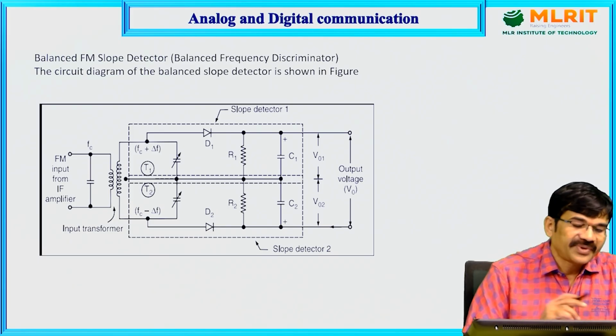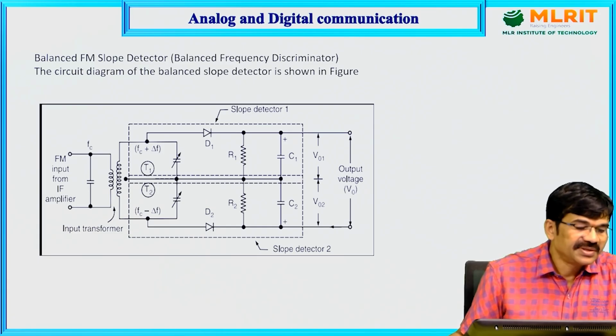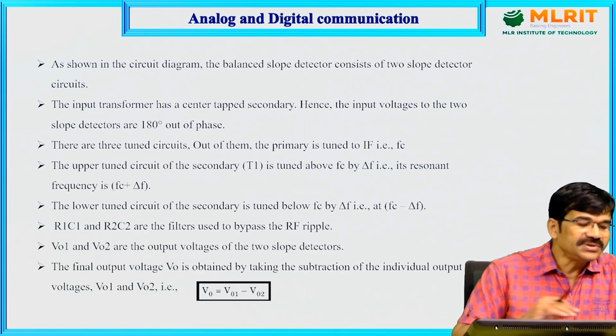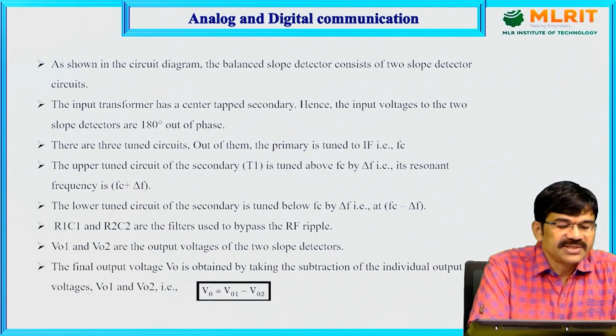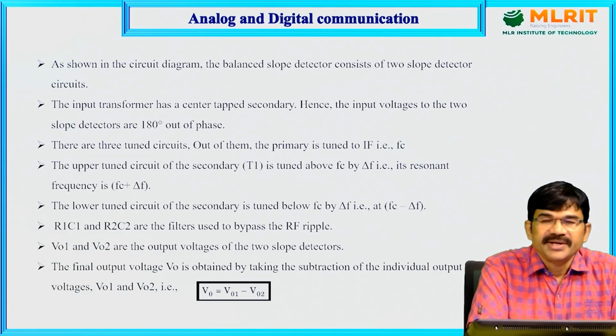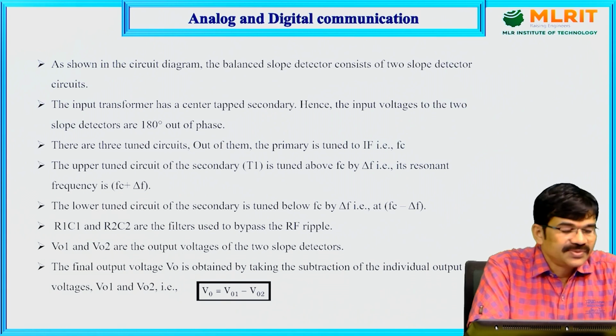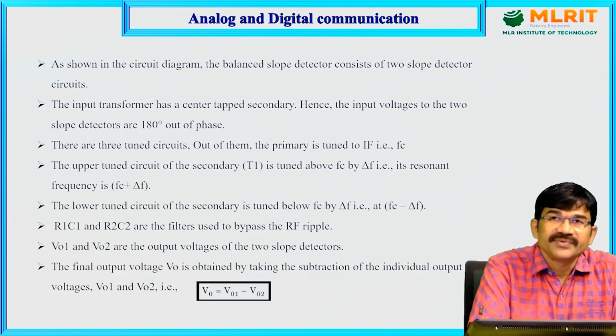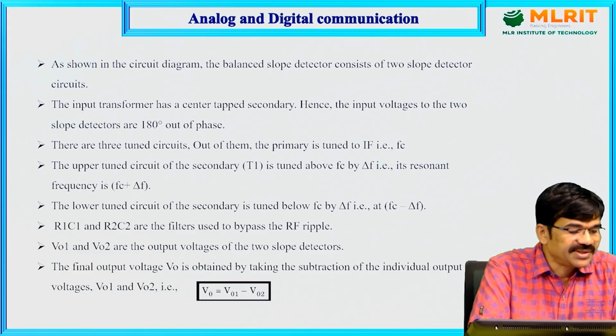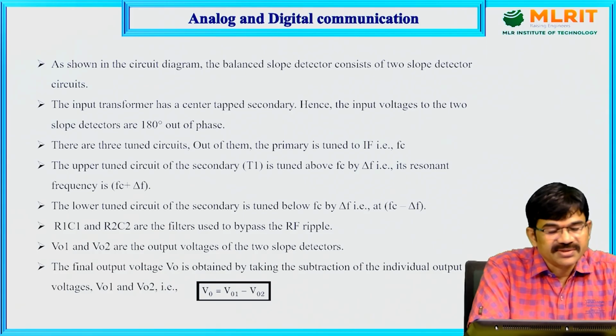First, the input transformer has a center tapped secondary, and the input voltages to the two slope detectors are 180 degrees out of phase. The center tapped transformer provides the phase shift from the upper to the bottom side, a 180 degree phase shift. There are three tuned circuits. The first is the primary tuned circuit, which is tuned to the IF value.